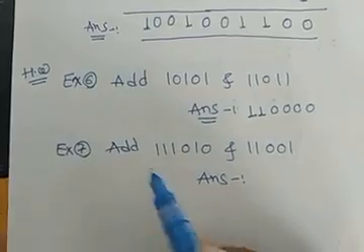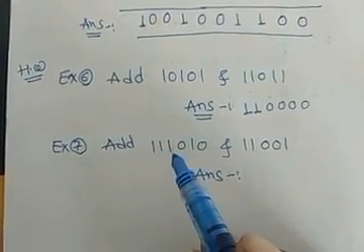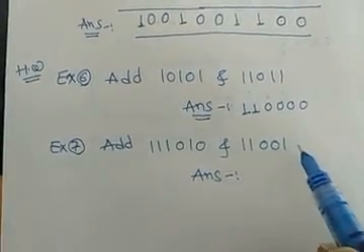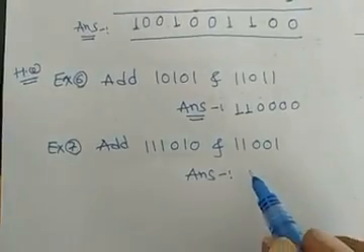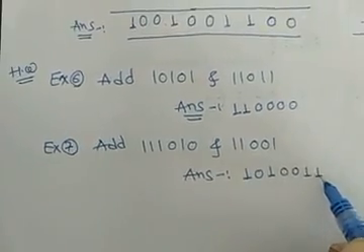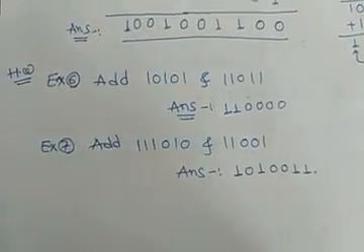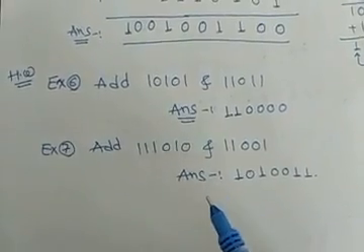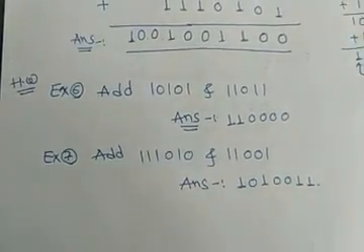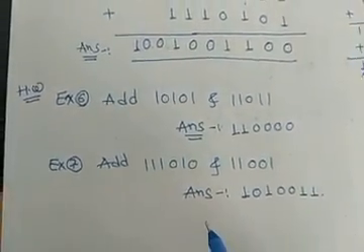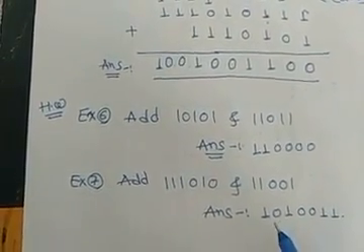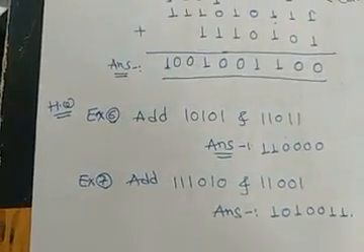Next example is add 111010 and 11001, and this addition is 1010011. Please check the solutions of the given examples, and if you have any problem, please rewind it and check which step you went wrong. Okay, so these are some examples.